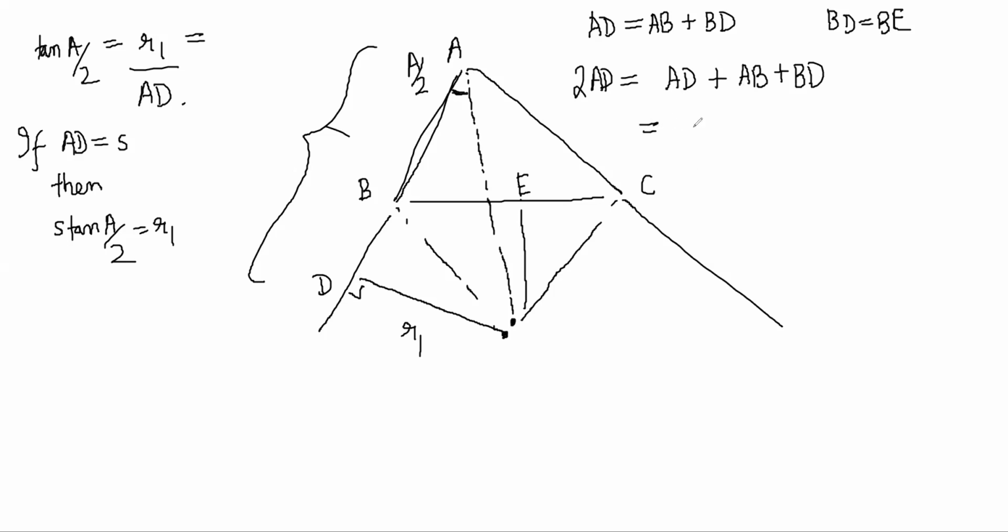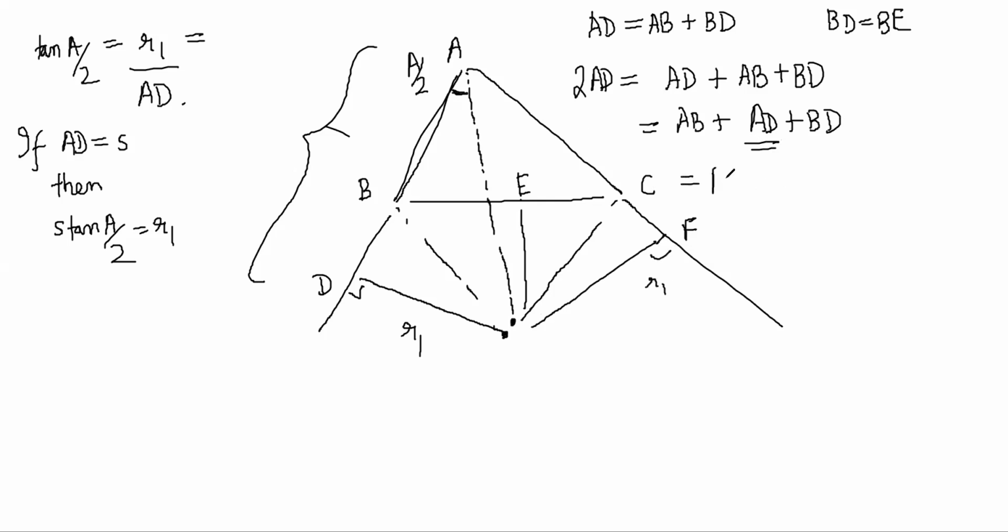So we have AB plus AD plus BD, and this AD can be written the same as AF, because this is the point of tangency, right?